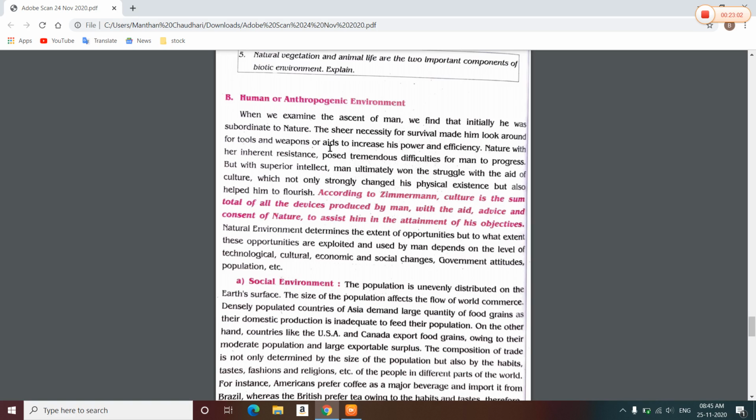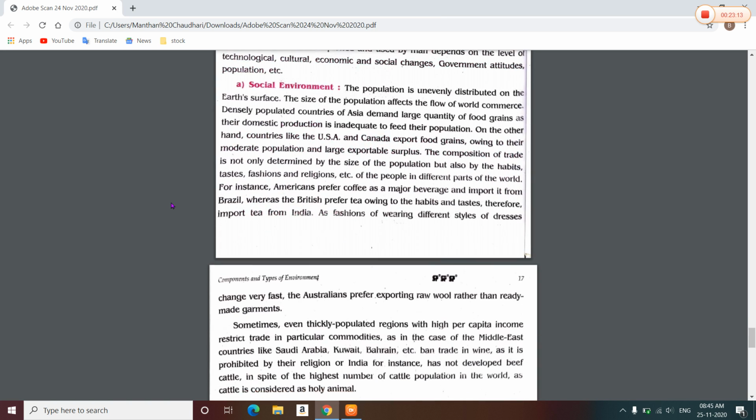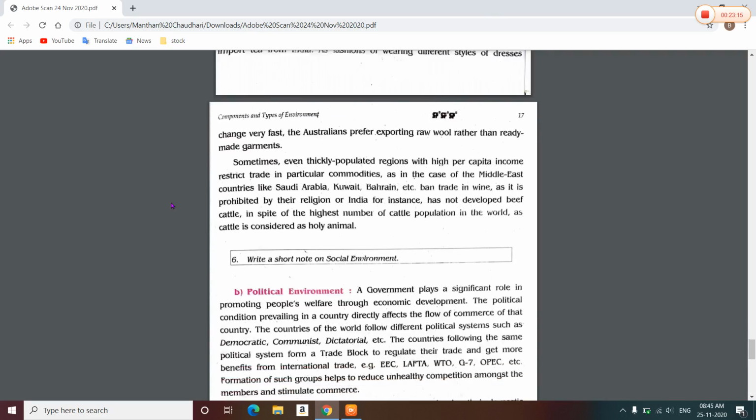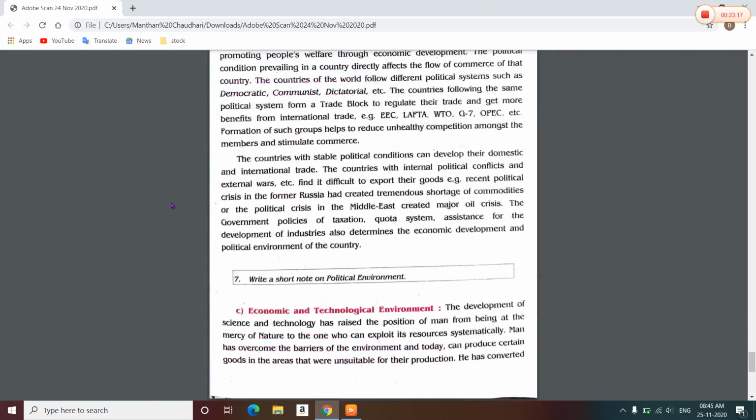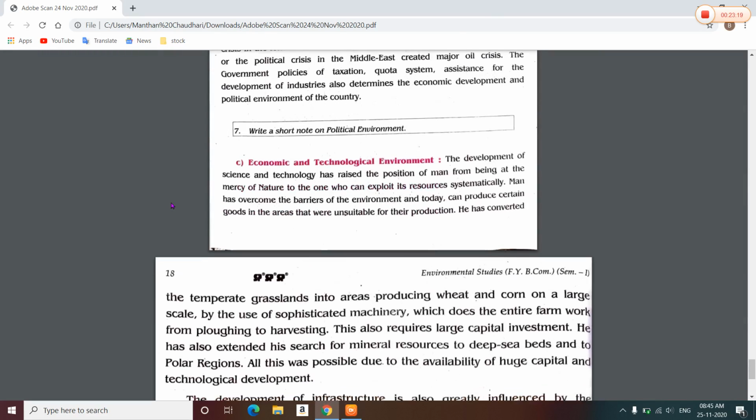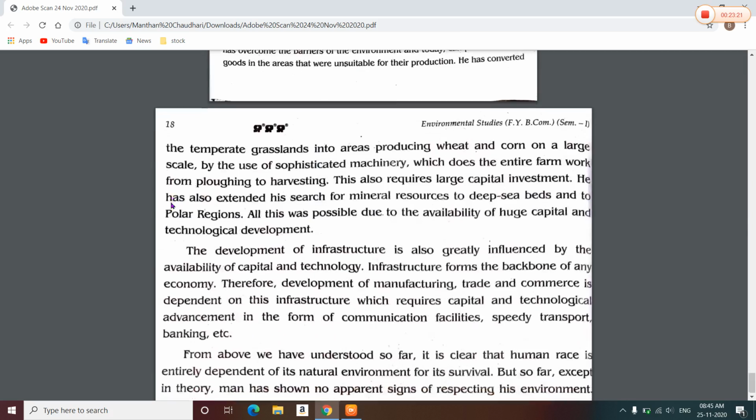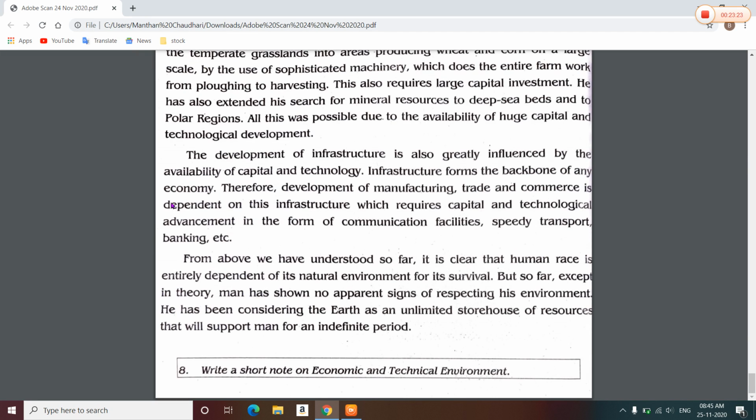So man-made factors also affect directly or indirectly the economic development or progress of a country. Here we have finished the components of environment and how they affect the development of a country.